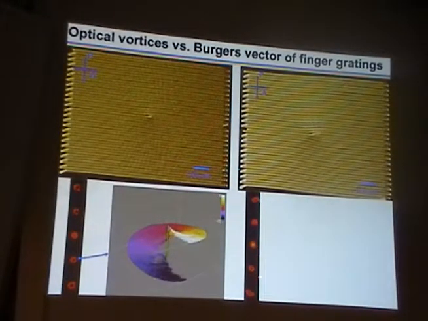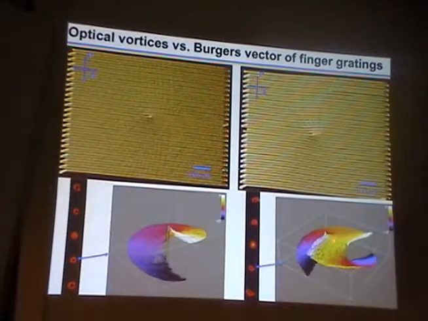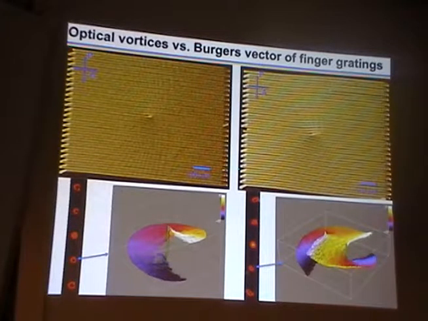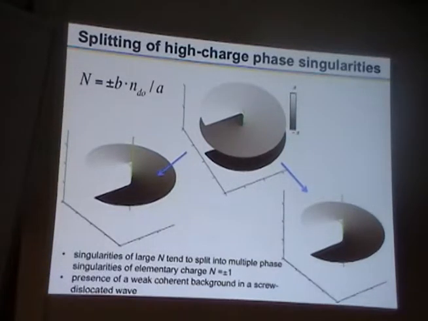We then note that already in the first order we have a screw dislocation, and the net total Burgers vector of the screw dislocation is twice as large. So we don't have just one elementary dislocation. And so the charge of the phase singularity in those first order beams would be plus minus 2.